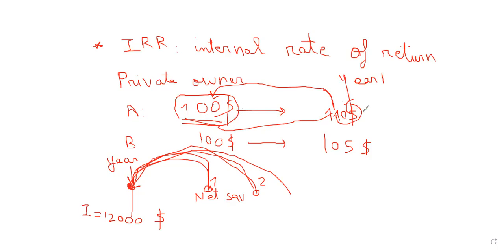So to be able to make the comparison at one point of time, what should I do with this amount of money? I should divide it by 1 plus 10%.